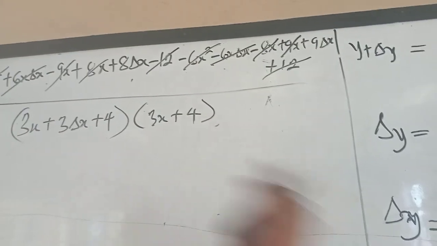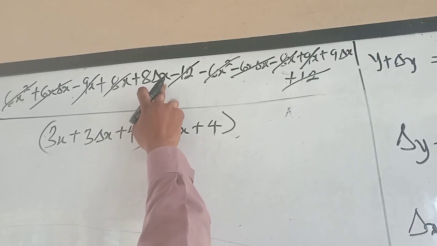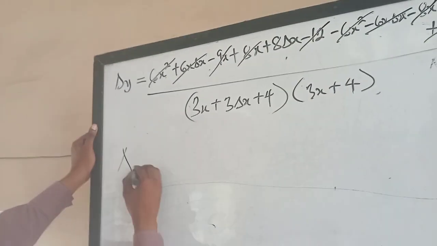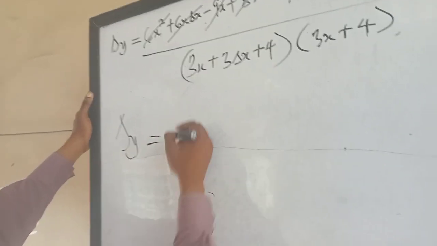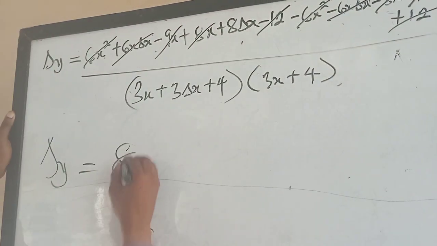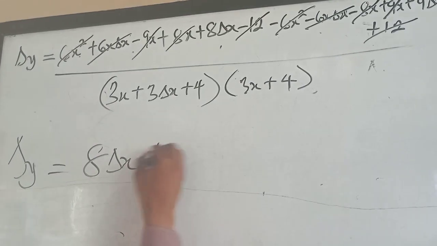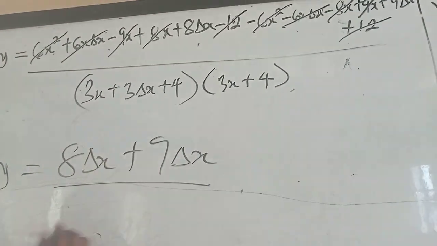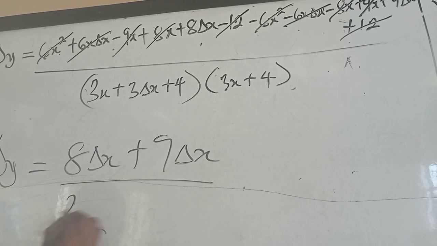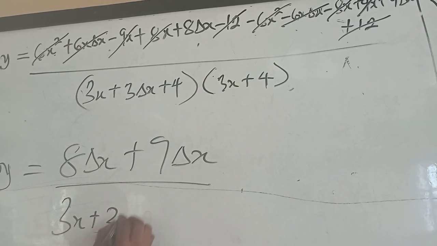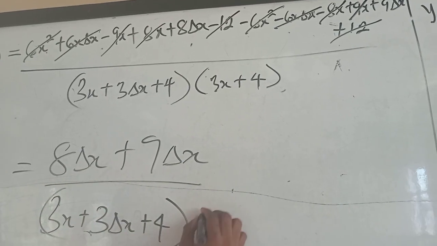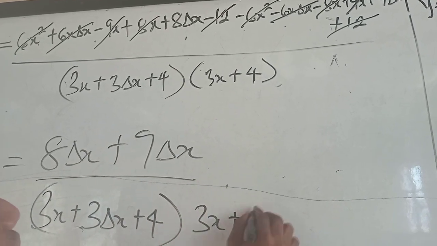So at the end of the day, we are left with plus 8 change in x plus 9 change in x. So change in y gives us 8 change in x plus 9 change in x, all over the denominator, which is 3x plus 3 change in x plus 4, into bracket 3x plus 4.